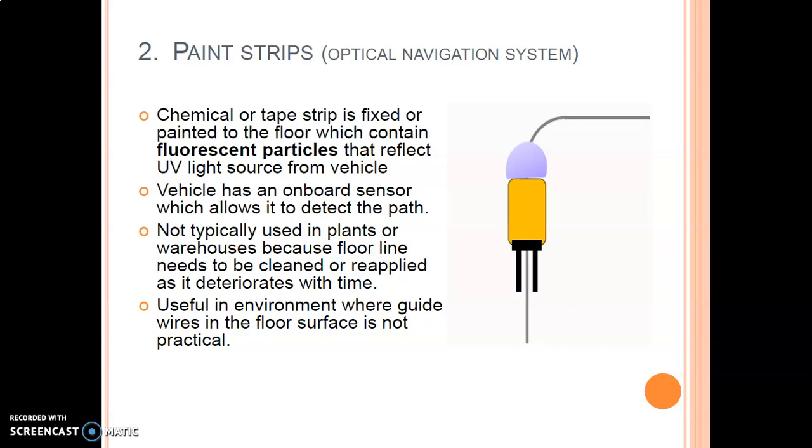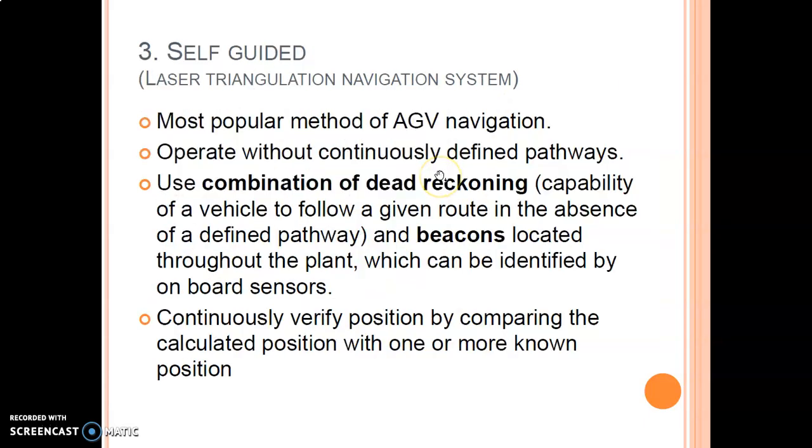It is not typically used in plants or warehouses because the floor line needs to be cleaned or reapplied as it deteriorates with time. It is useful in environments where a guide wire in the floor surface is not practical. So it's very simple. You paint with the fluorescent particles, which reflect the UV light, and the sensor senses the UV light and follows that specific path.